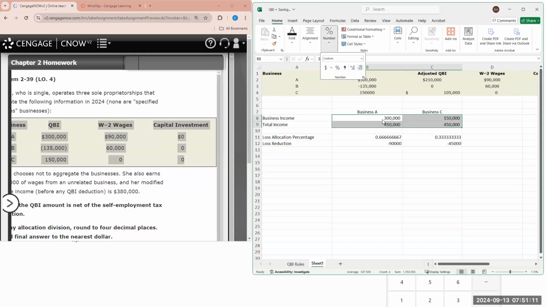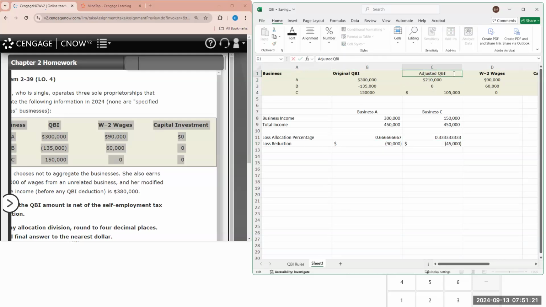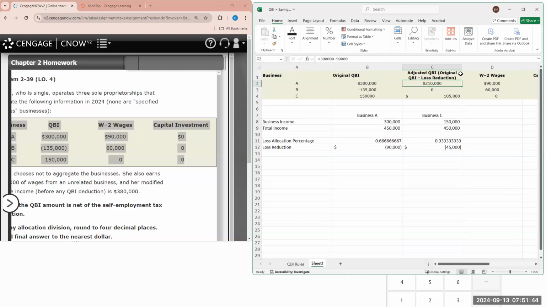Fix this up a bit. Right? And again, this is how we get the adjusted QBI. I'll probably write underneath it, original QBI minus the loss reduction. All right.